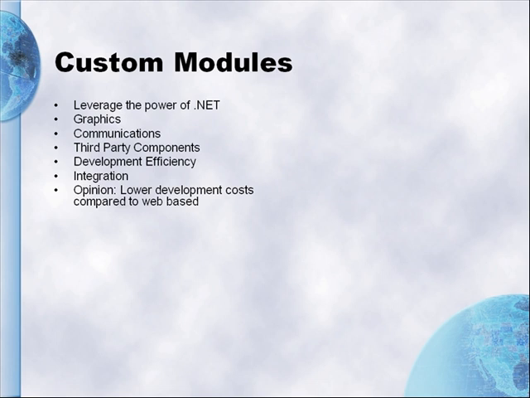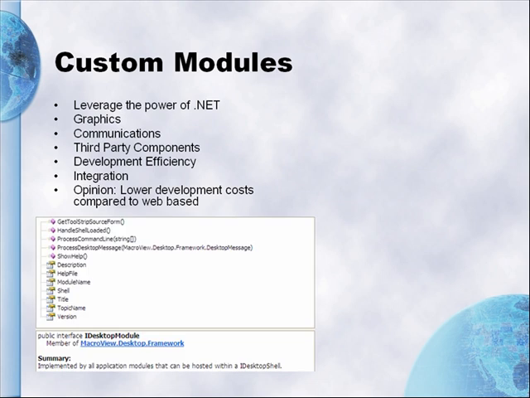And so custom modules is basically, if you create a Windows form within Visual Studio, which is Microsoft's development package, you just have to implement that interface that's shown on the screen.